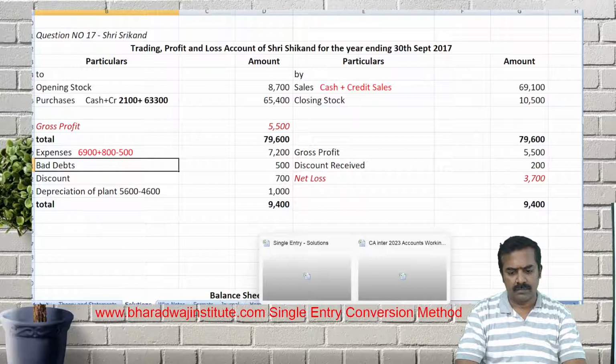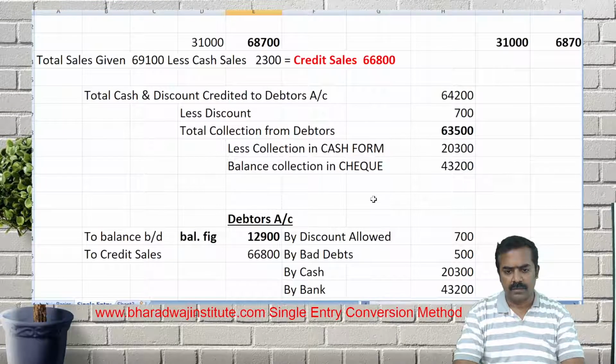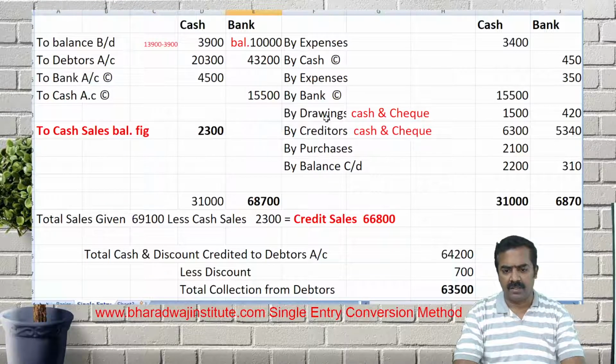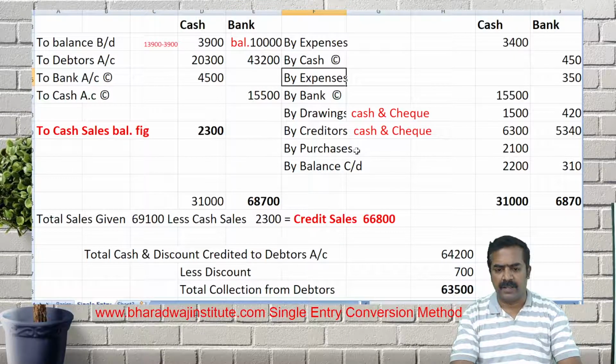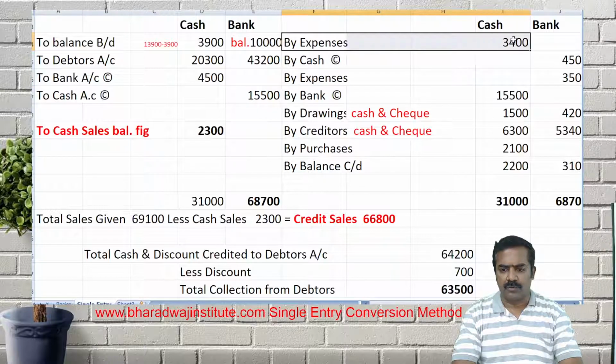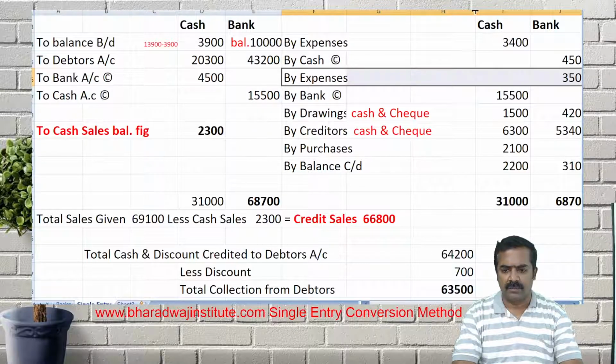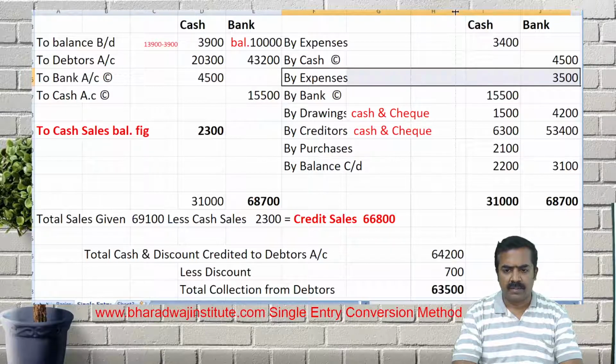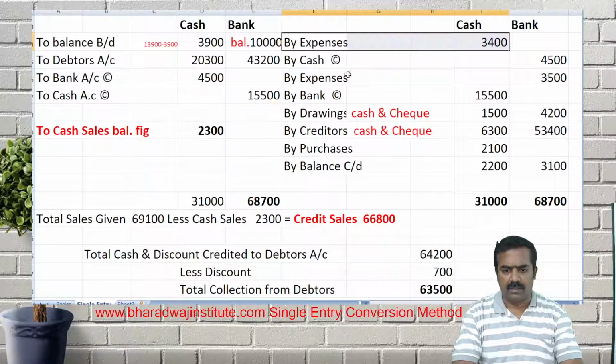So 6,900 expenses. Check your bank statement. Expenses paid 3,400 plus this one. Depreciation of plant is 1,000.